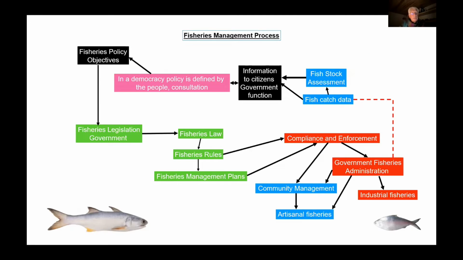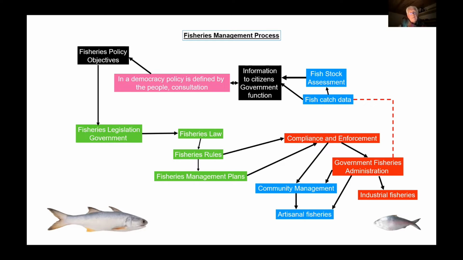Back to the first slide, please. So having decided what the policy objectives are, government then creates the necessary legislation, the fisheries law, which implements the policies that are decided by the population.